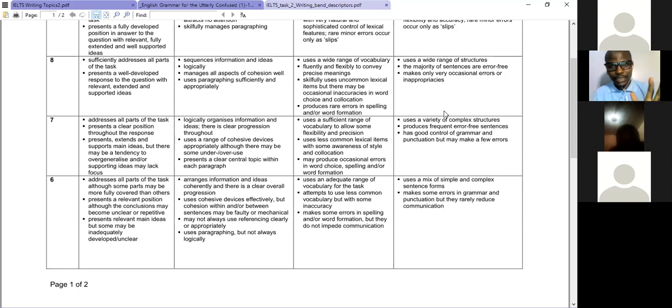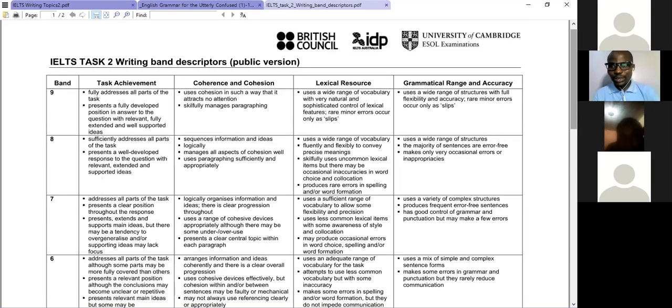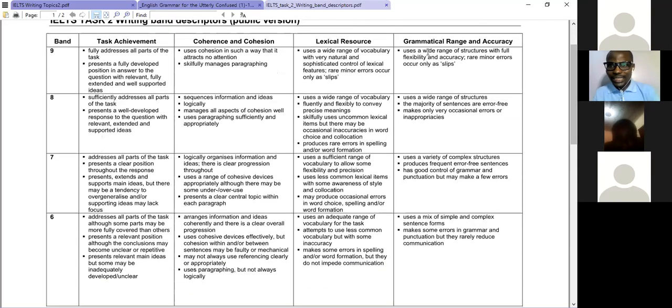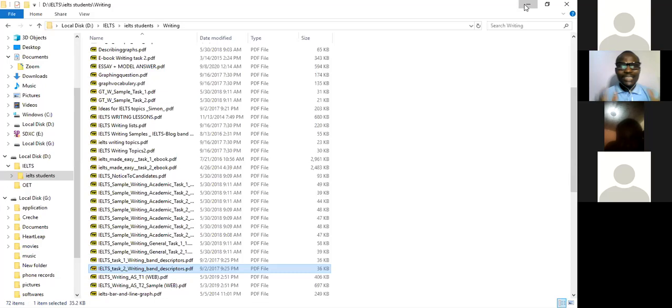And then we go to grammatical range and accuracy. We are going to be talking about sentences of varying length, range of structures, wide range of structures, variety of complex structures, uses a mix of simple and complex sentence forms. We're going to talk about all of these things. And these are some of the things that help you to write good essays.